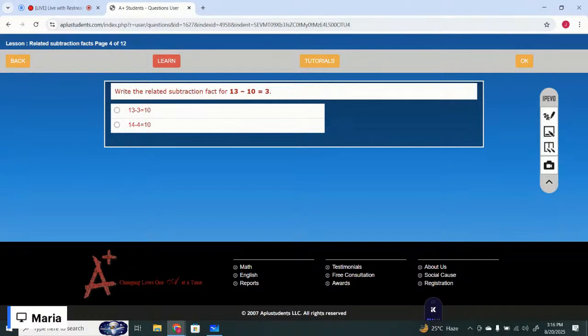Write the related subtraction fact for 13 take away 10 equals 3. Which is the correct option? Option number 1 is the correct option.